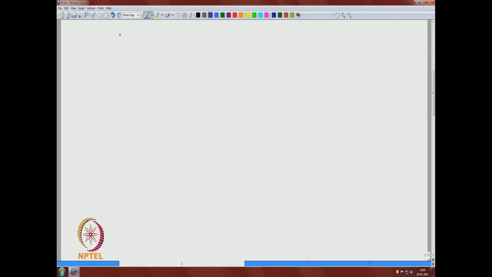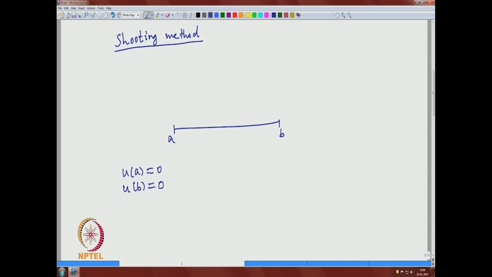That's why this shooting method. So what is happening? Shooting method, geometric picture. Here this is A, this is B. Let me just take for example a simple thing, u(A) equal to 0, u(B) equal to 0, just for illustration.